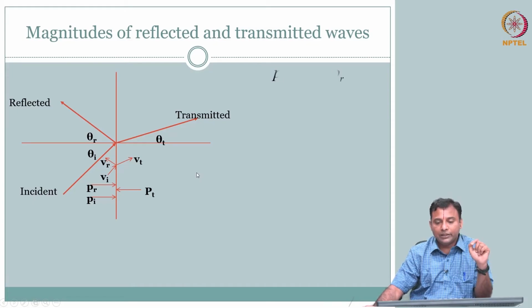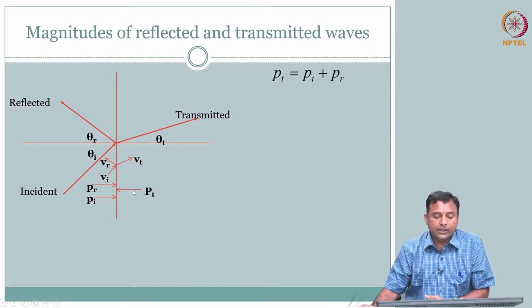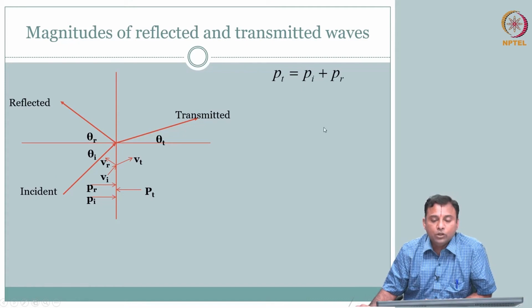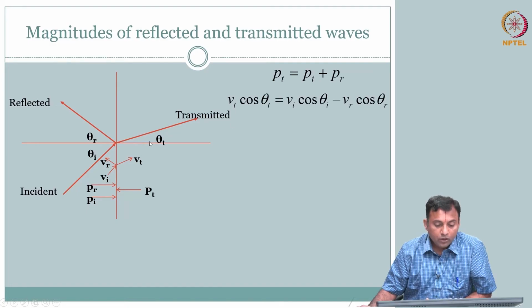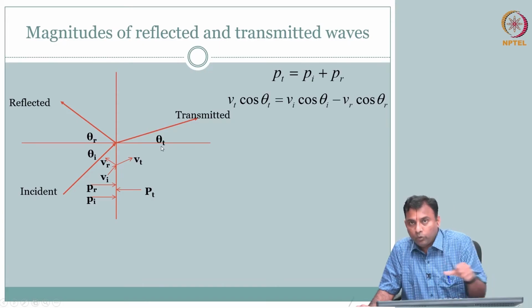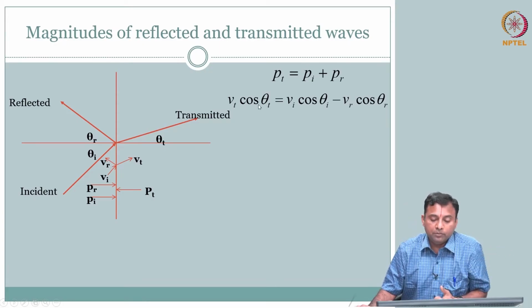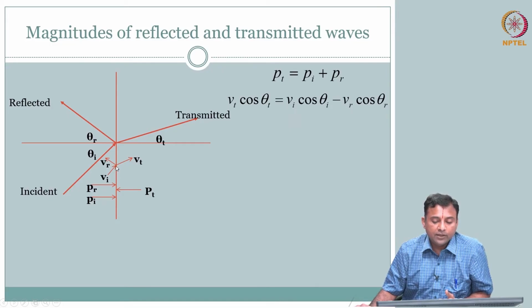So what are the boundary conditions? Your pressure on both sides should match at the interface. So your Pt should be equal to Pi plus Pr at the interface, and then the component of velocity. Here is the cos theta t. So Vt cos theta t, that is trying to pull it this side, should equal Vi cos theta I minus Vr cos theta r.